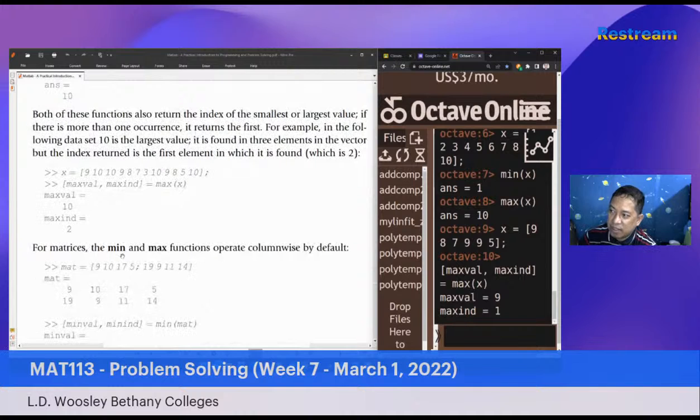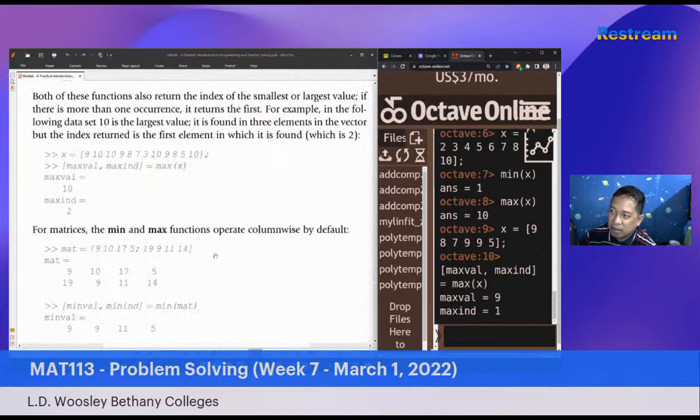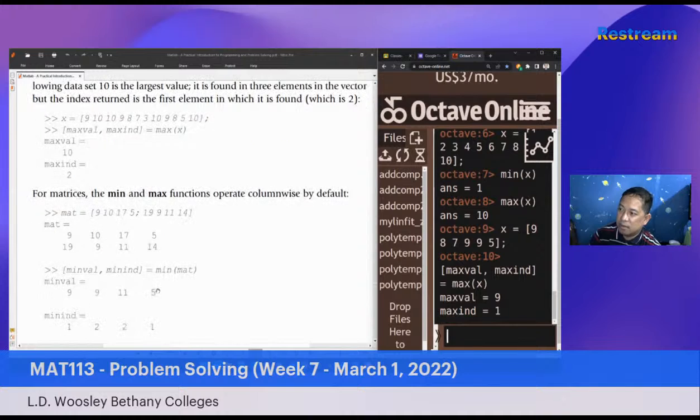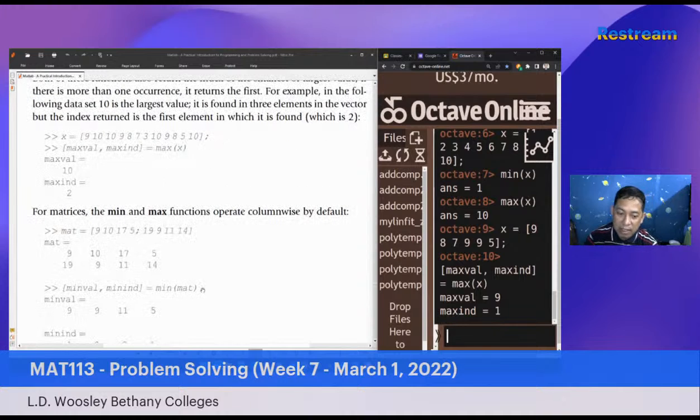So for matrices, the minimum and maximum functions operate column wise by default. So sinesearch niya column wise. So nag-a-analyze siya ngayon ng data in terms of column wise. For instance, sige, I would like to say mat.